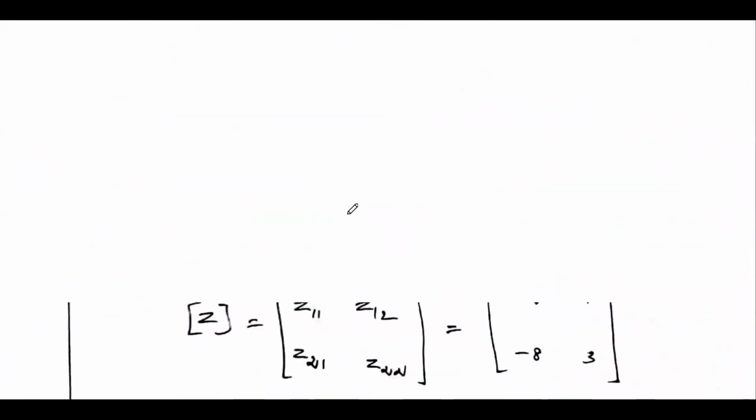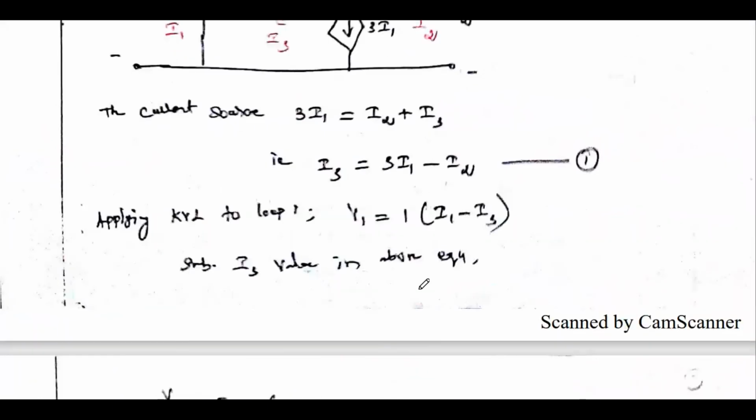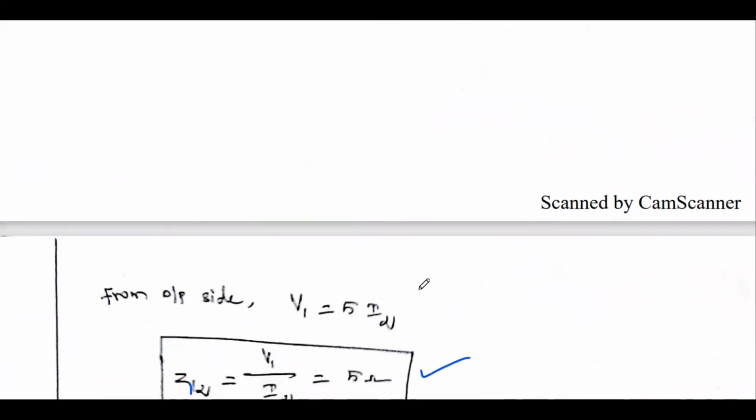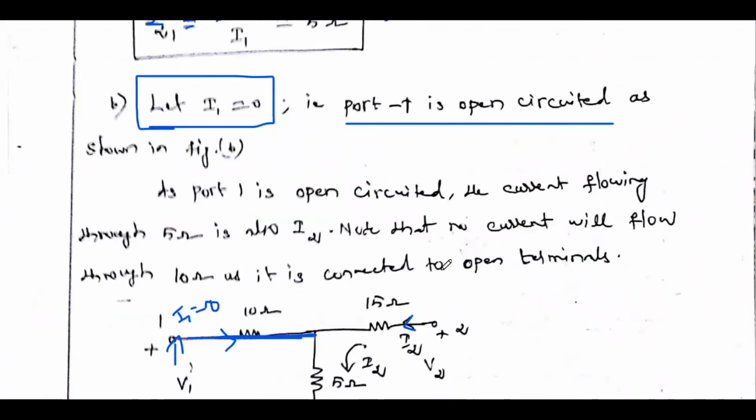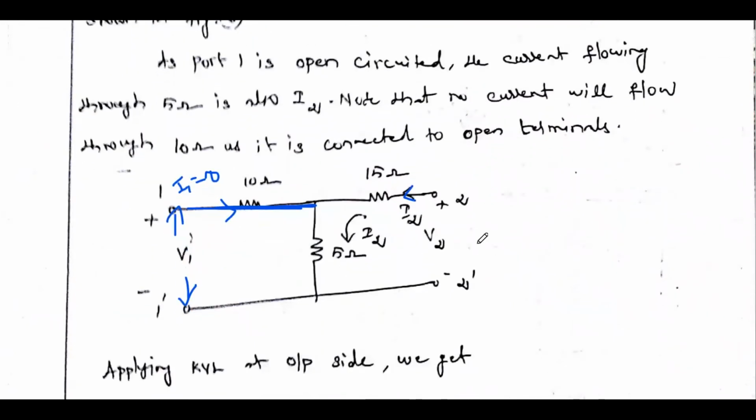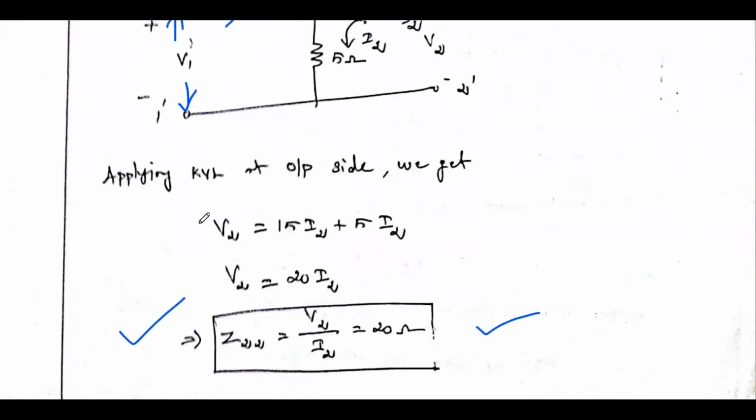This is the second method. In the first method, we have to open circuit the second port to find two parameters, and in the second case we have to open circuit the first port and find the other parameters. So we can use any one of the two methods in order to solve the problem.